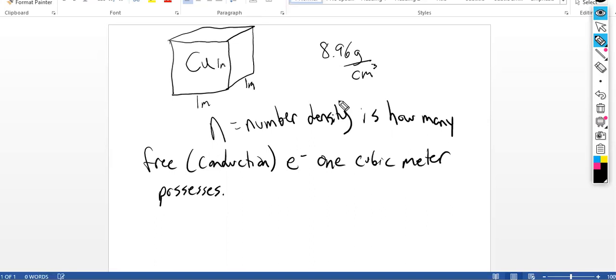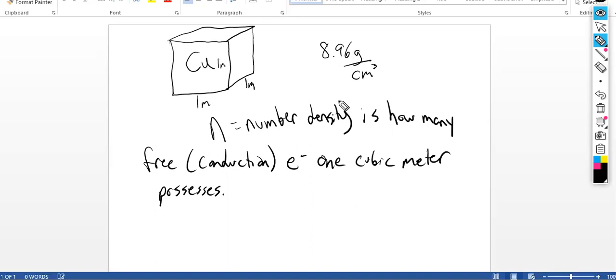Yes, thank you for that, but I didn't know the number density of copper. Is it 1.7 by 10? I don't know about those letters. Yeah. The S and the.